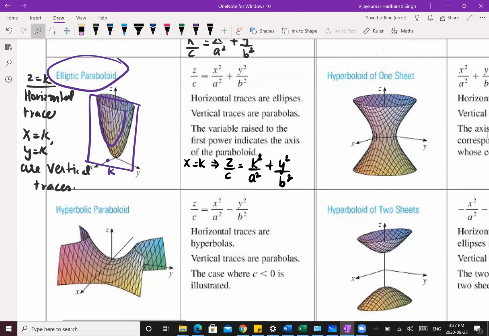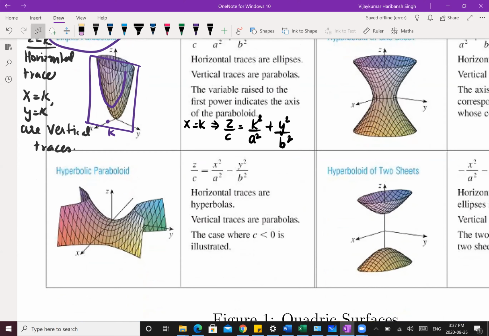Next one is called a hyperbolic paraboloid in this case. So we have z by c equals x squared by a squared minus y squared by b squared. Why is it a hyperbolic paraboloid? So let's first ignore this graph for a second. So suppose I have z equals c. Then if z equals c, then this will become 1.